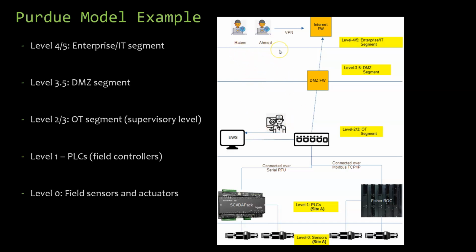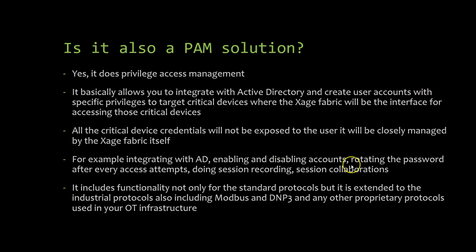So Ahmed would be granted full control over the engineering workstation, read-write access, while Hatim will just be invited in read-only mode. So this is the zero trust approach we are talking about here. It's identity centric, so every transaction is treated separately and only allowed based on the policies defined within the Xage fabric.